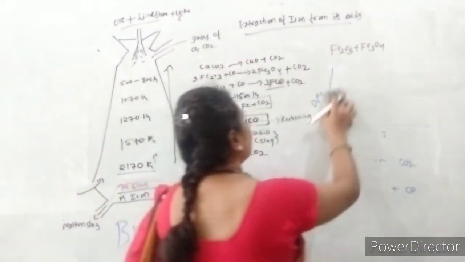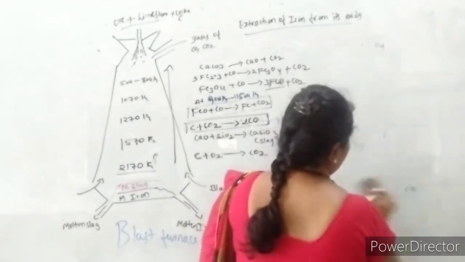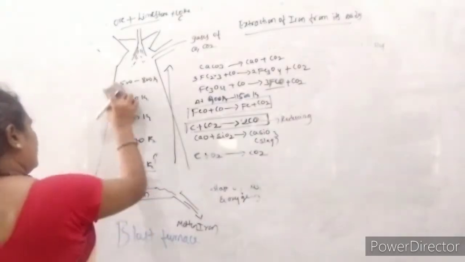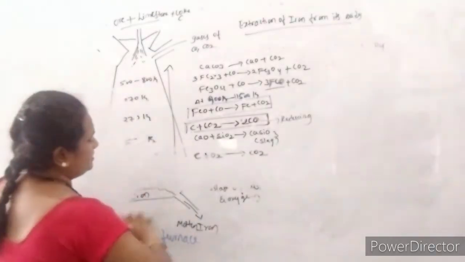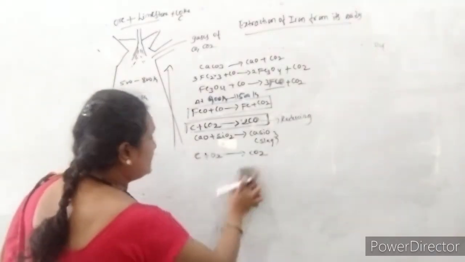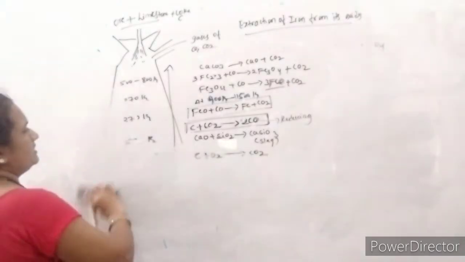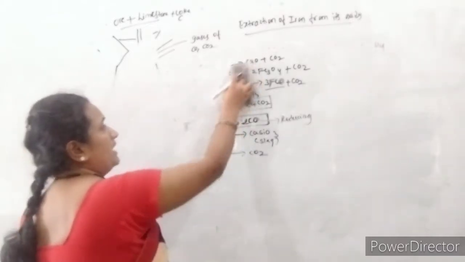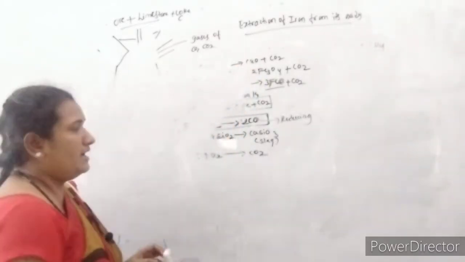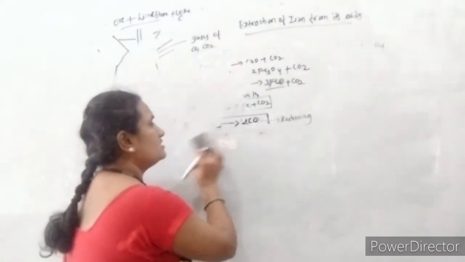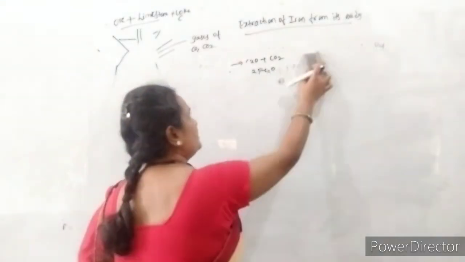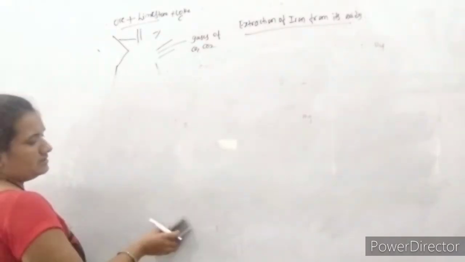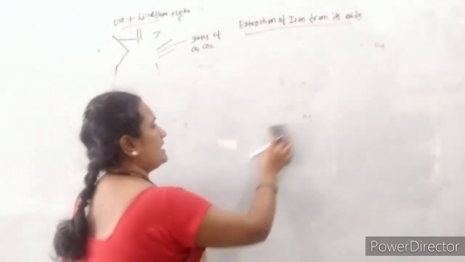So this is the extraction of iron from hematite ore with the help of carbon monoxide, which is used as the reducing agent in the apparatus, the blast furnace. The temperature ranges and the role of limestone are important. They may ask what the gangue or impurity present in the hematite ore is: you have to write silica, SiO2.